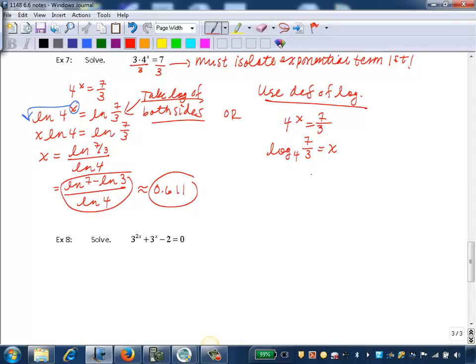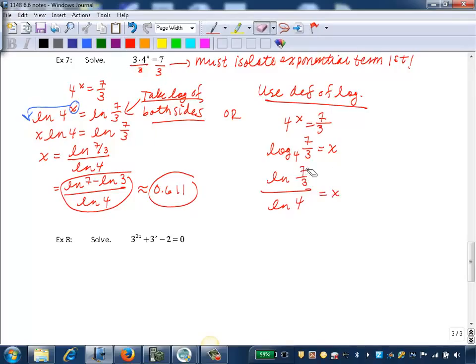So we could write this, the log base 4 of 7/3. We can rewrite this as natural log of 7/3 over natural log 4. We'll use natural log since that's what we used over here. Because if we want to evaluate in our calculator, we can't evaluate a base 4.